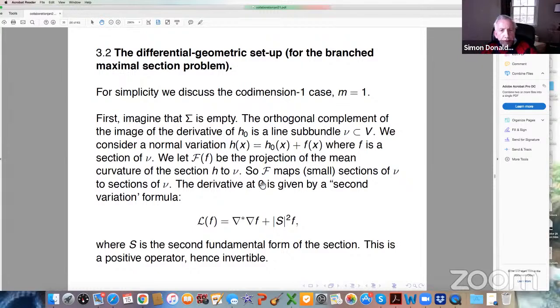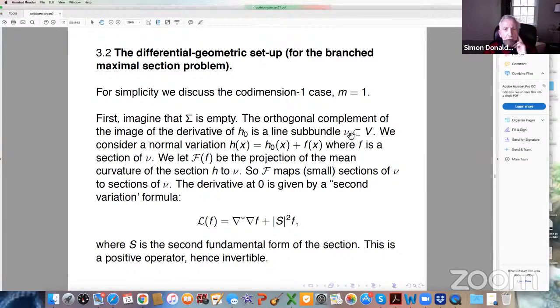The derivative at 0 is again a familiar thing. It essentially corresponds to what's called the second variation formula in minimal or maximal submanifold theory. And it's given by the following. It's given by taking the covariant Laplacian, which here essentially is the Laplacian.